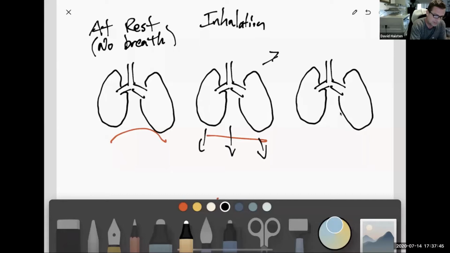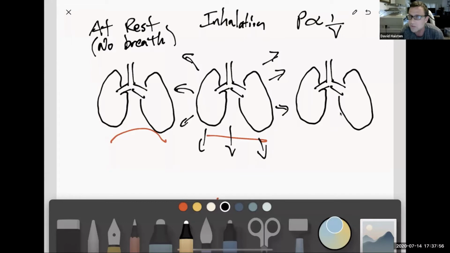So we're going to expand the thoracic cavity. Because pressure of a gas is inversely proportional to volume, the volume in your thoracic cavity increases, which is going to increase the volume of the lungs because they're moving along with it.